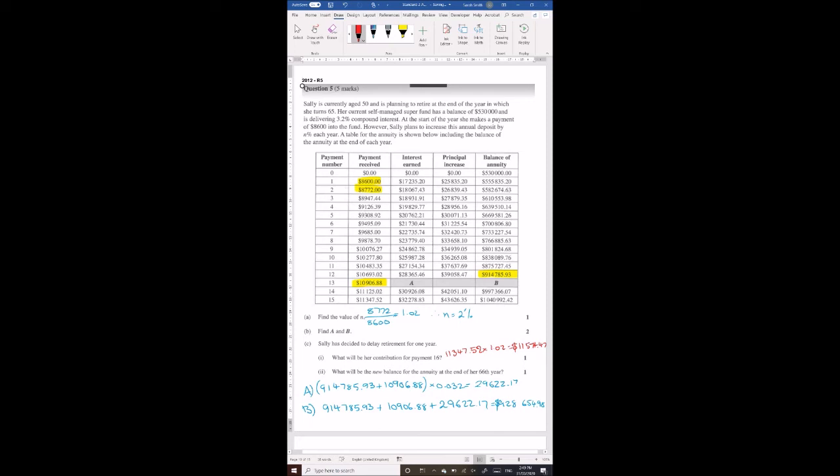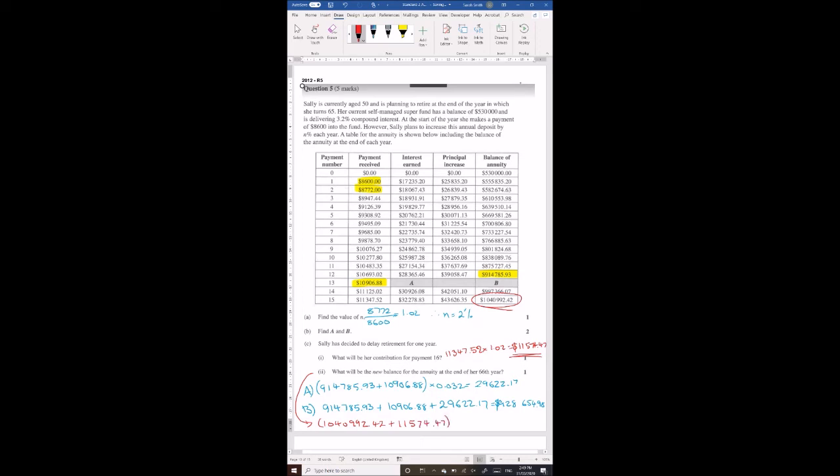Okay, so to work this one out, so I'm just going to do this one down here. How we do it is we do her balance at the end, so this value over here at the end, 1,040,992.42 plus our contribution amount, so 11,574.47.